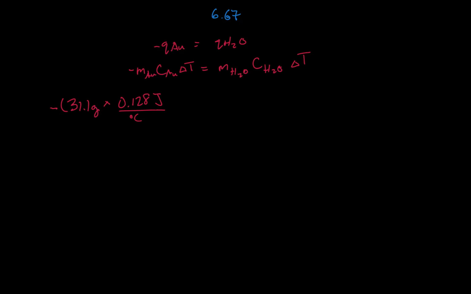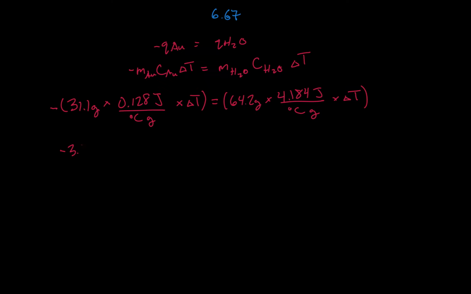Joules per degree Celsius per gram, times delta T, equals, how much water was there? 64.2 grams, times 4.184 joules per degree Celsius gram, times delta T.